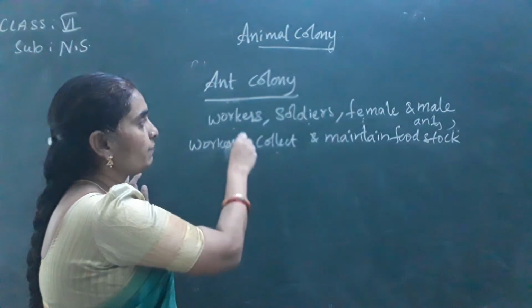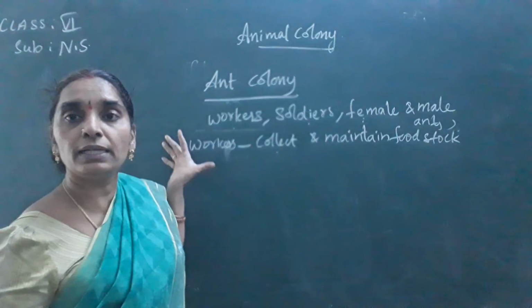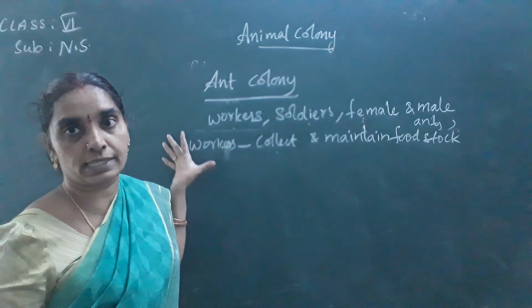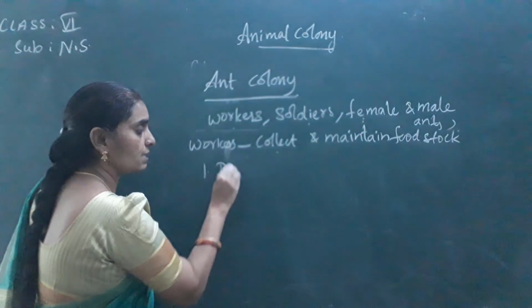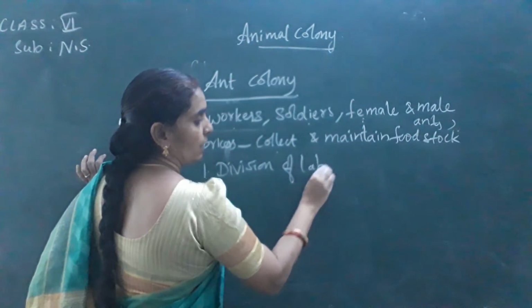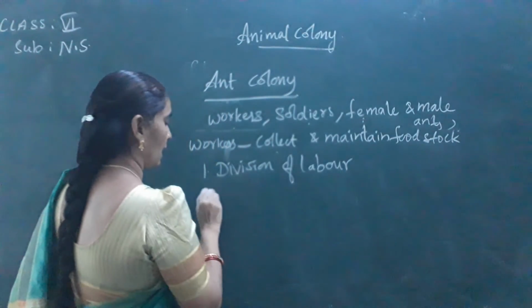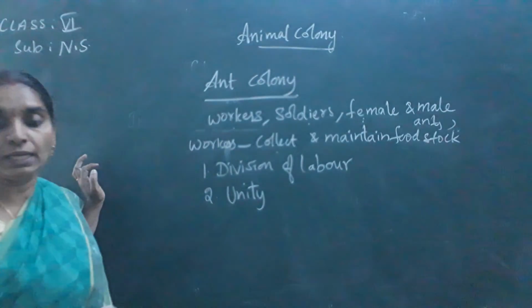And next, these are the division of labor. So here there is a work distribution in the ants. From the ants we can learn the division of labor, and unity, to be united.